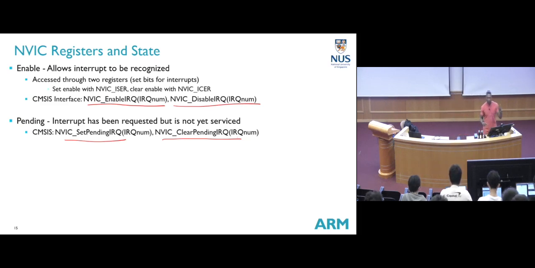If an IRQ has been registered but not yet serviced, I can also clear it. For example, if I am having nested interrupts, and while in the current interrupt another interrupt happens and I don't want to handle it, I can clear it. So it allows me to clear a pending IRQ without servicing it.